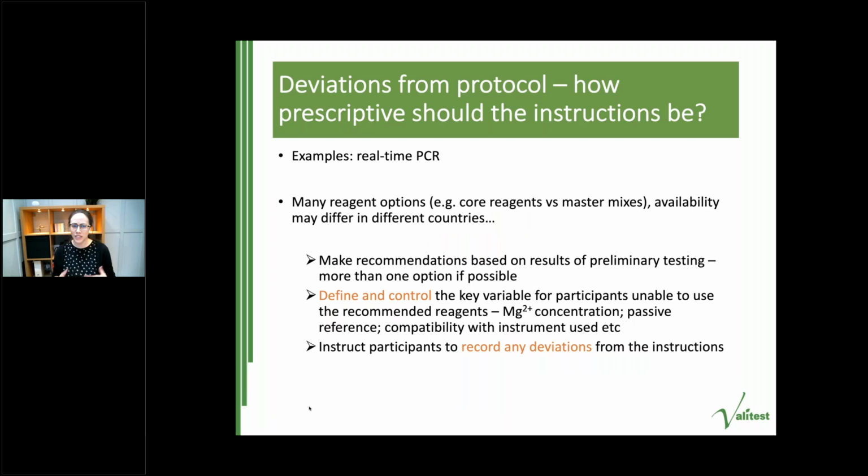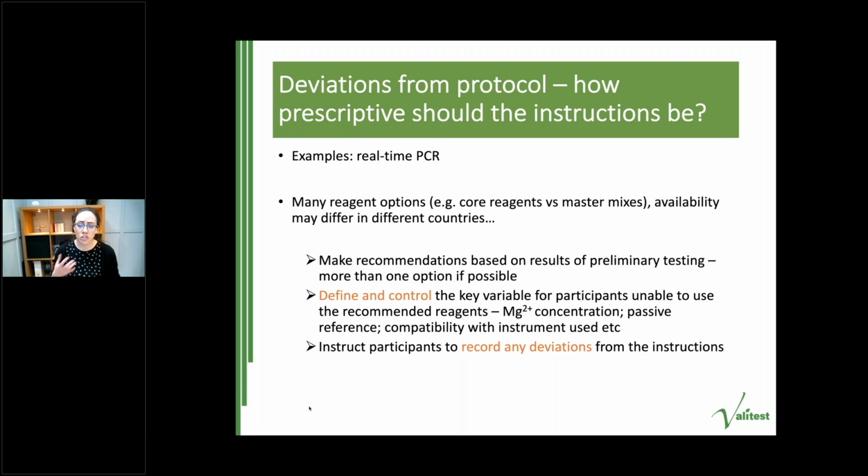So if we think of some specific examples for real-time PCR, just as an example technology, there's lots of different reagent options for real-time PCR. You can choose core reagents where all the components are separate. You can choose master mixes where they're already combined in a commercial mix. The availability of those different options might be different in different countries and from different suppliers.